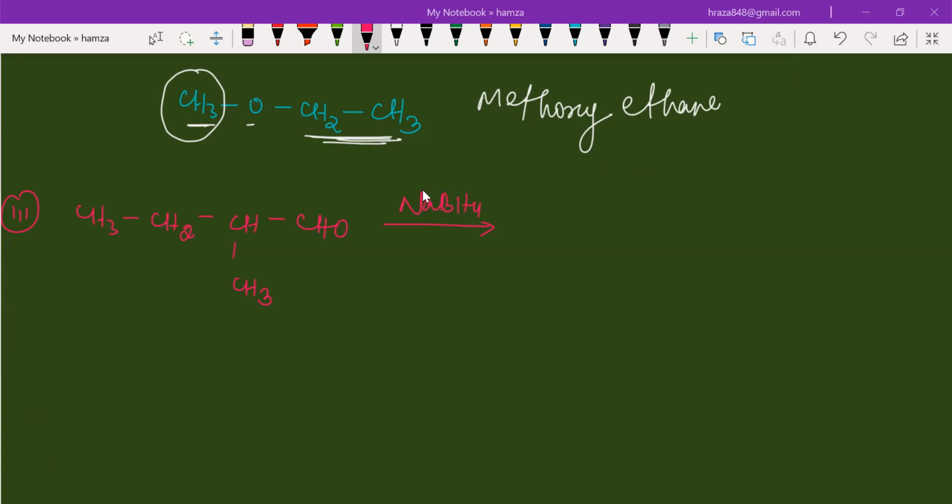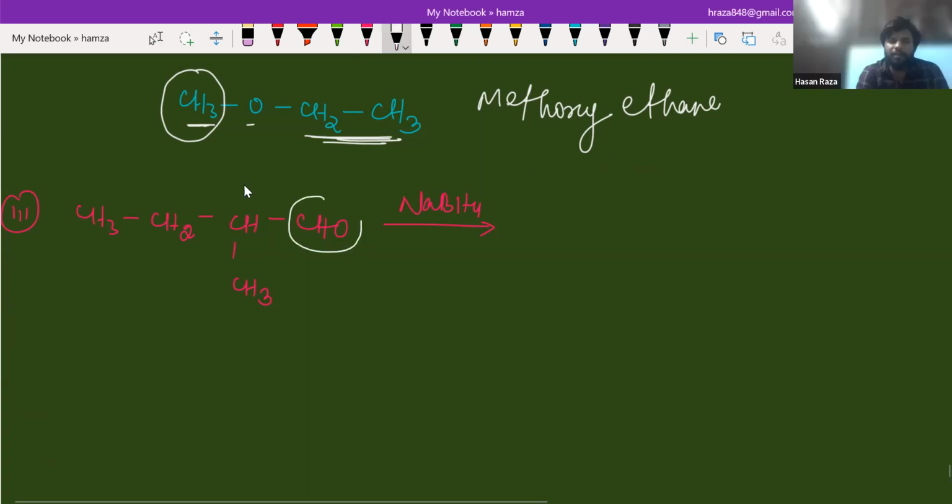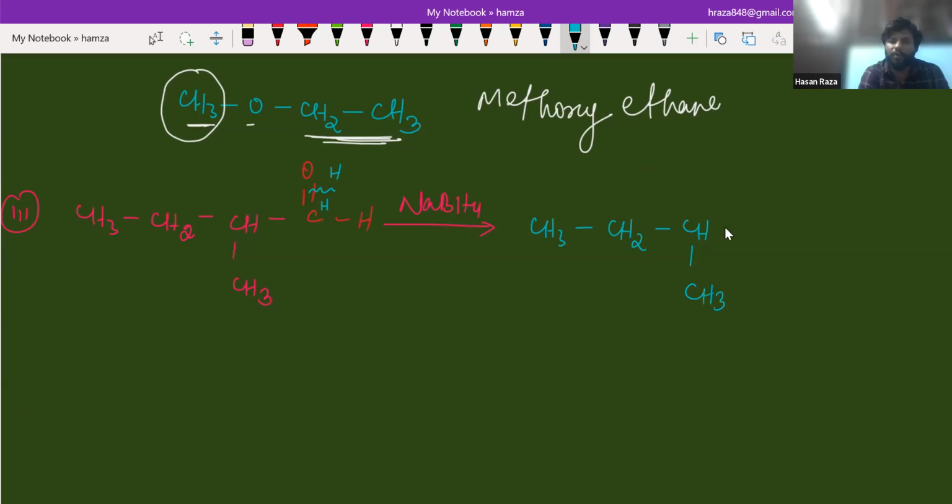See, this is CHO. That means NaBH4 is a reducing agent which can reduce aldehydes and ketones only. So it will be reduced. Now see, CH3, the rest of the part will be the same. CH3, CH. Now you just break one bond between carbon and oxygen. With oxygen, this hydrogen will come, and it will be CH2OH.